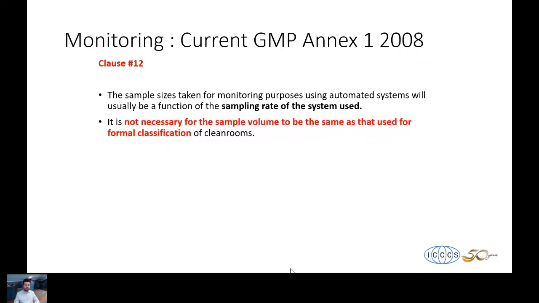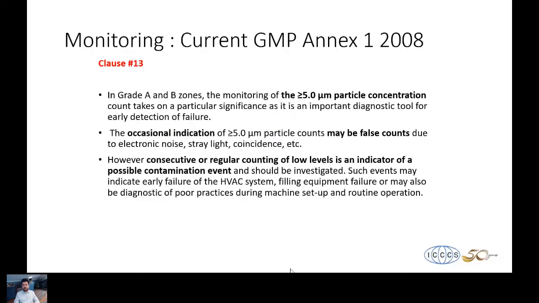Clause 13, grade A and B zones: the monitoring of 0.5 micron particle concentration could take on particular significance as an important diagnostic tool for early detection of failure, especially from your HVAC system, like we said. But the occasional indication of 5 micron may be a false count due to electronic noise, stray light, or coincidence in your particle counter. So you'll be safe, don't worry about this.